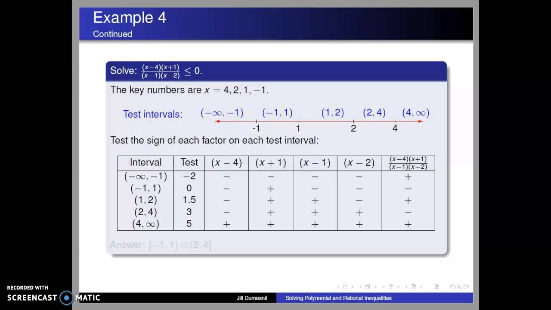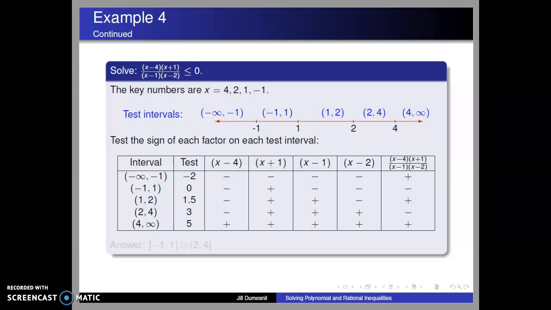Similarly, the factor x + 1 is negative until we pass the key number x = -1. The factor x - 1 is negative until we get past x = 1, and then it's positive. And finally, the factor x - 2 is negative until we pass x = 2, and then that factor is positive.